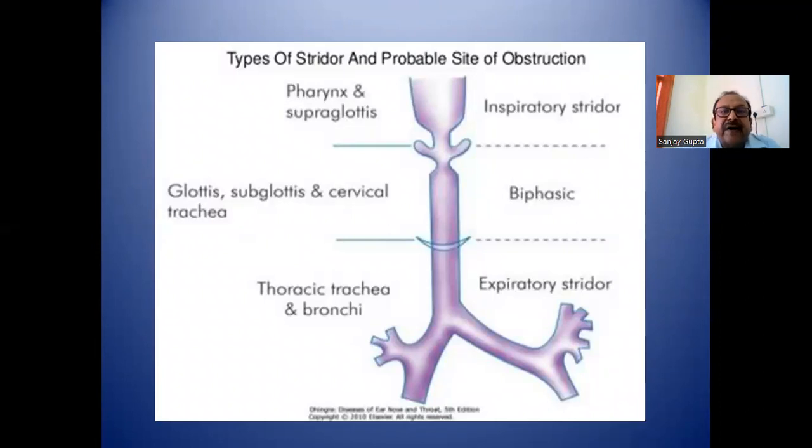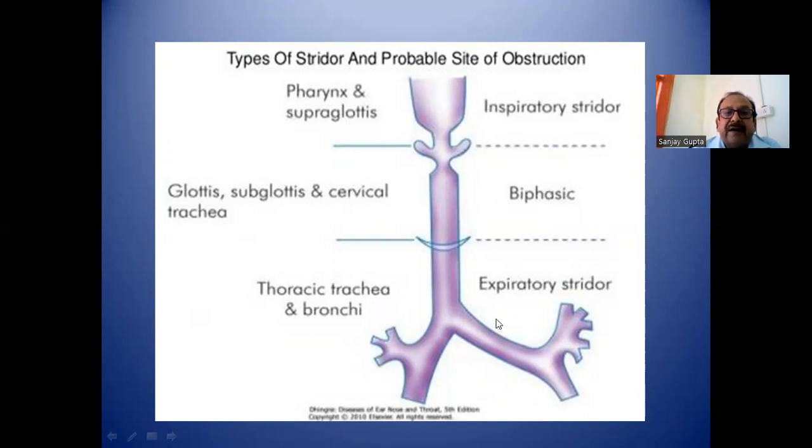So the types of stridor have been divided with the probable site of obstruction. The inspiratory stridor, that is the sound produced during inspiratory phase, is due to narrowing caused at the level of pharynx or the supraglottic level.